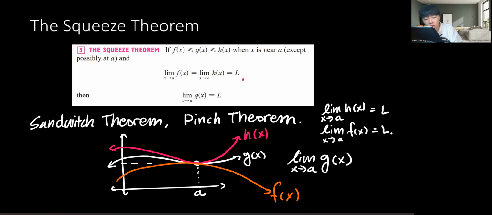then the limit of g(x) must be equal to L. Why? Because g(x) is sandwiched between h(x) and f(x) near a.